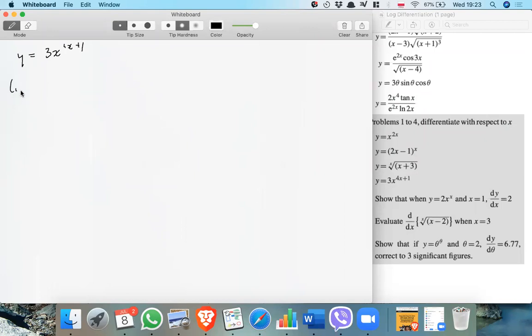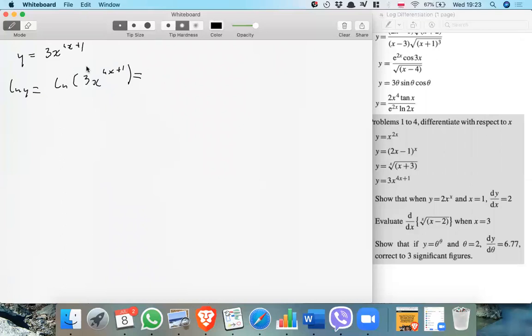Then the natural log of y equals ln of 3x to the power 4x plus 1. And that will turn into, I'm going to maybe separate it a little bit first.